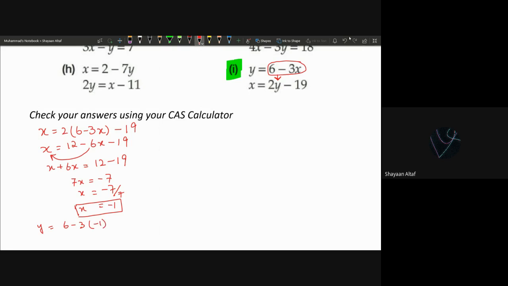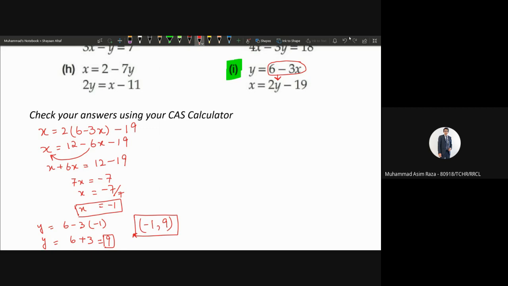Right, so would x equals minus 1? Yes, exactly. So would y equal 9 as well?